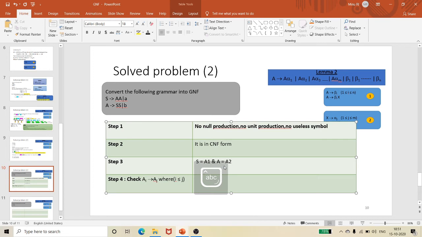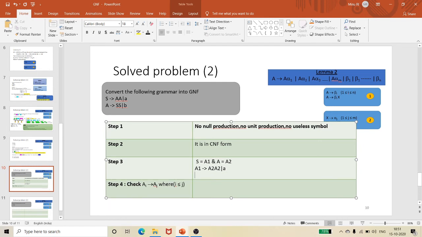So my grammar will look like A1 gives A2 or small a. Likewise, A2 gives, S is A1, so A1 or B. Let me mark this as equation 1, and this as equation 2.